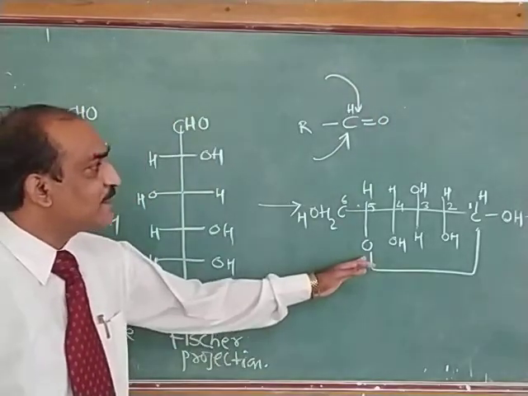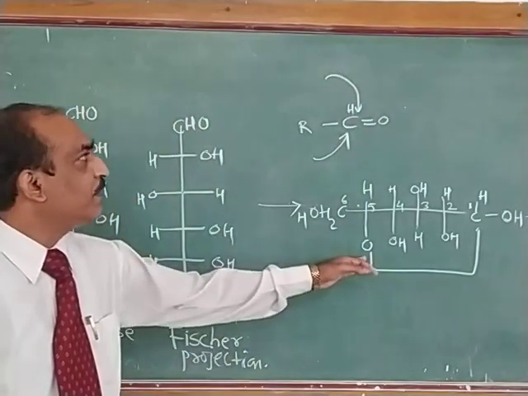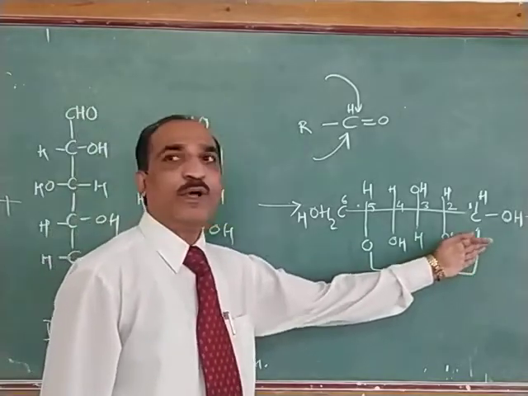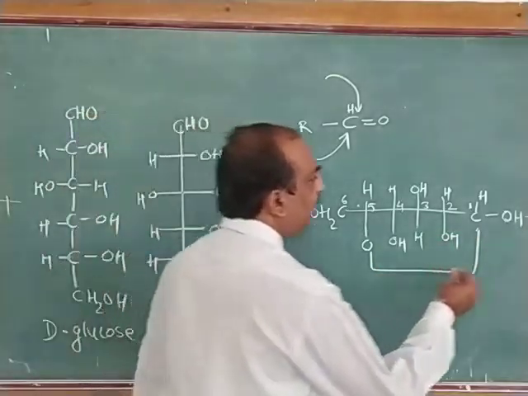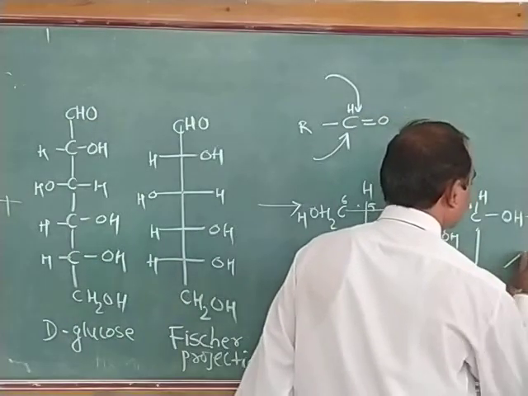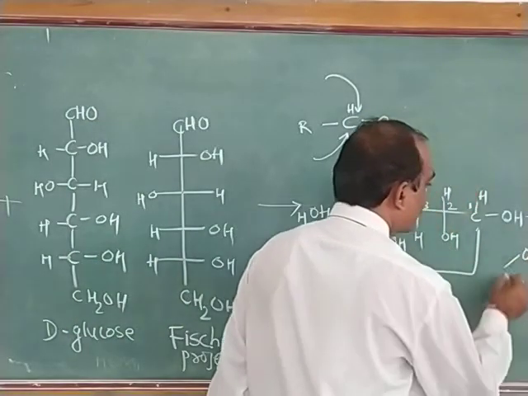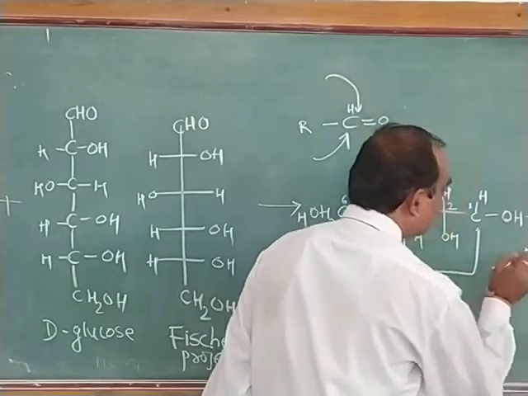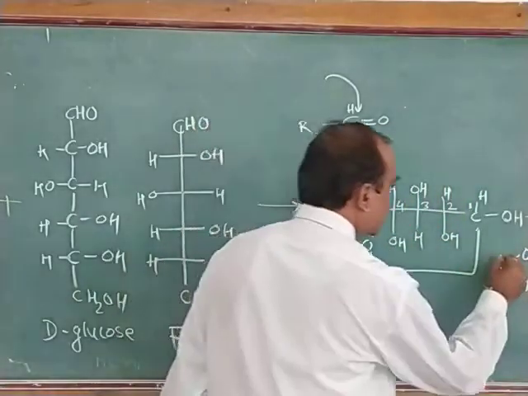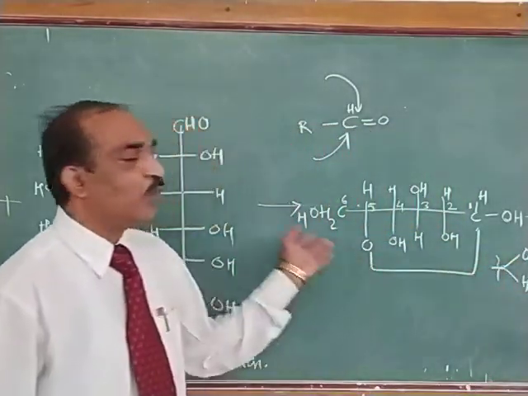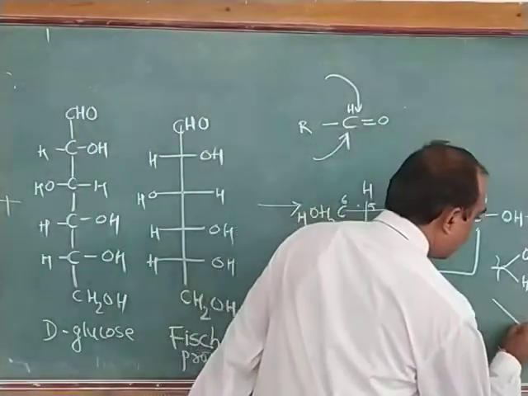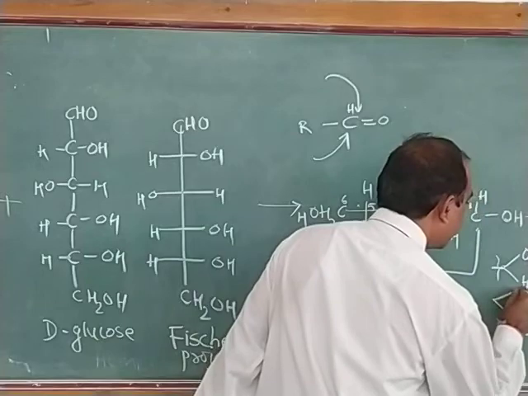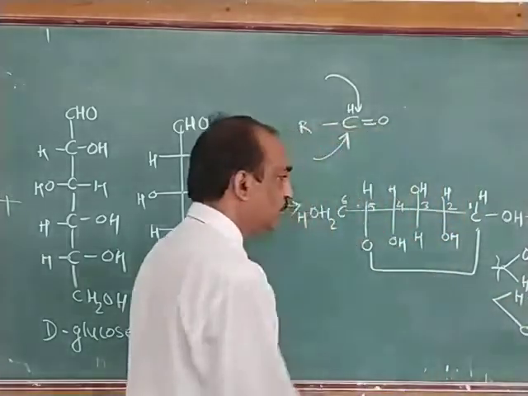If the attack occurs from the lower side, this OH goes up and hydrogen comes down. If this OH attacks from the other side, this OH comes down and hydrogen comes up.